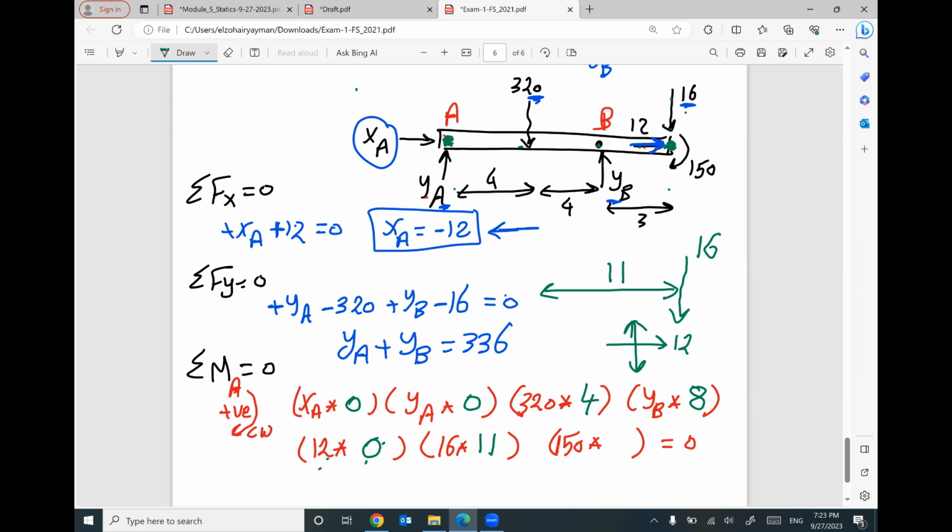Second question. What is the distance for 150? We have a moment here, 150 at this point. So what is the distance between 150 and the point A? Any help? What is the distance between the two points? Is it 0? Is it 11? Is it what?